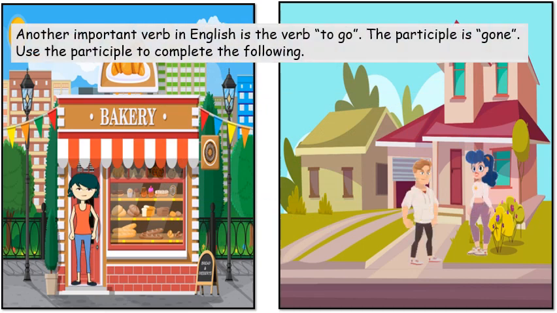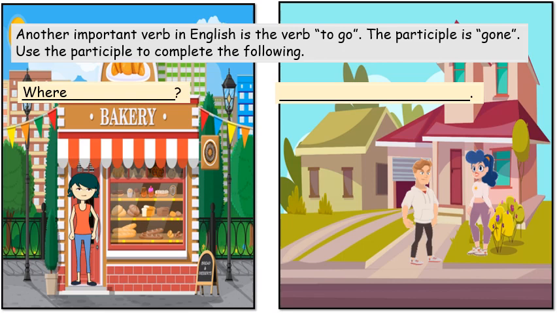Another important verb in English is the verb to go. The participle is gone. Use the participle to complete the following. Where has Emma gone? She has gone to the bakery.